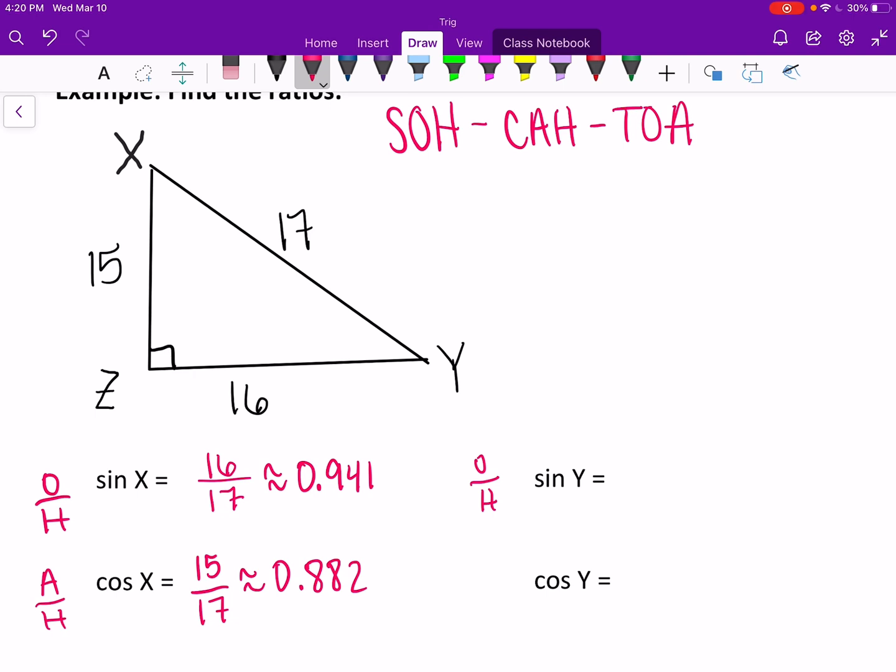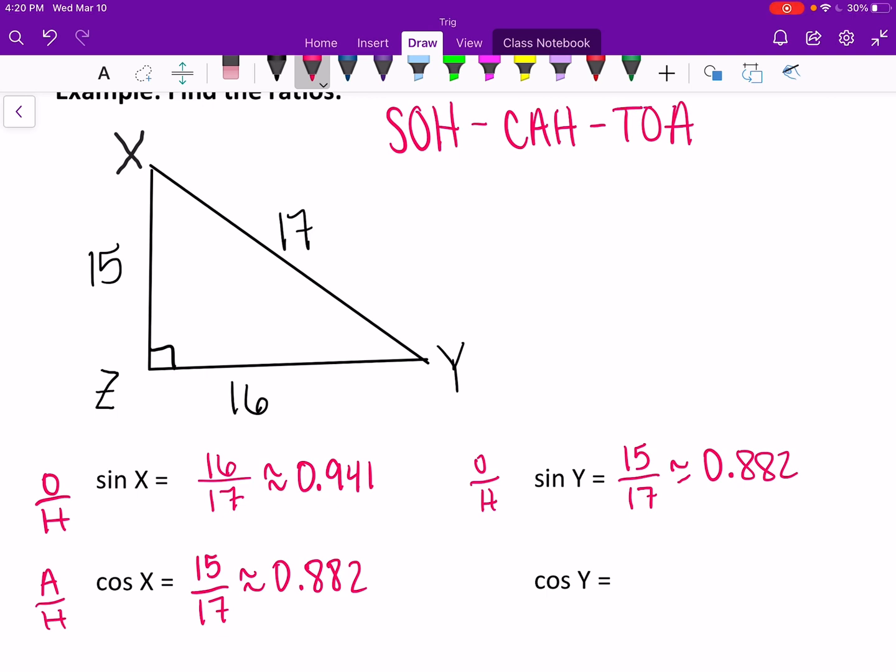The side opposite of angle y is 15, or it's the side that doesn't touch angle y. It's across from it. Then our hypotenuse is again 17. 15 divided by 17 is again approximately 0.882. Notice how the cosine of x is the same as the sine of y.